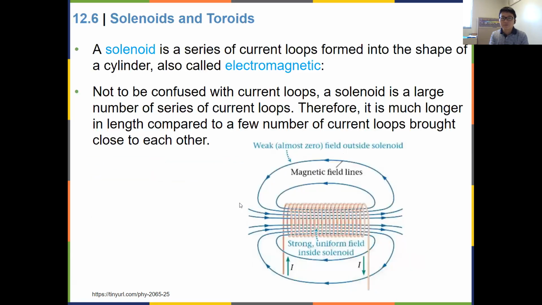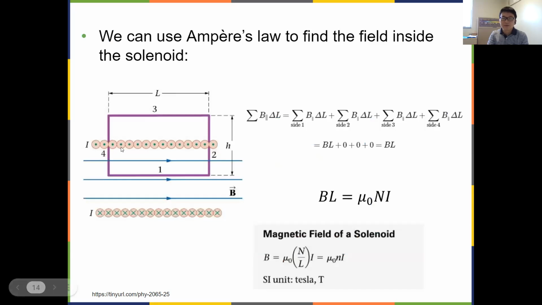Okay, so outside here is almost 0, so we can then have a rectangular closed loop. We'll take a cross section, like a vertical cut of that. So this will be the current. On the top they go out of the paper, at the bottom they go into the paper.